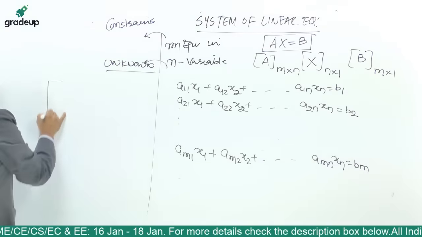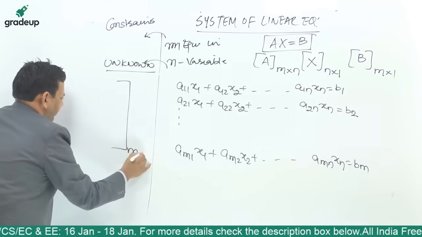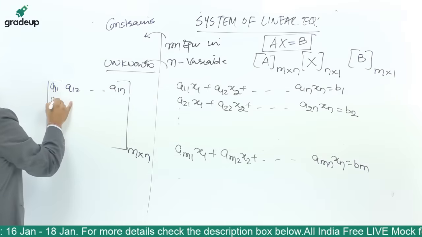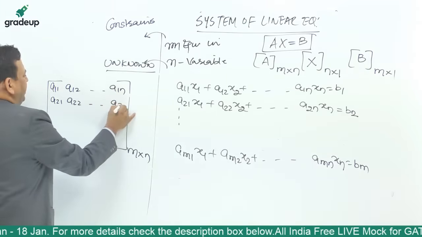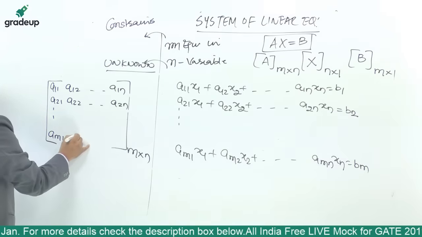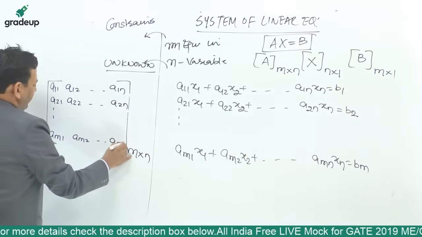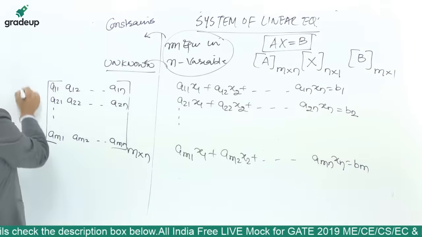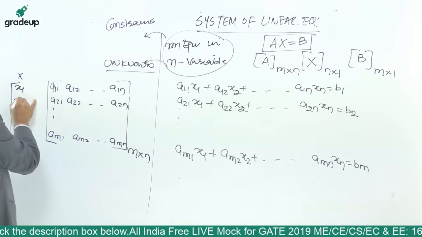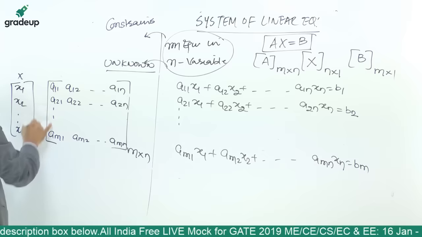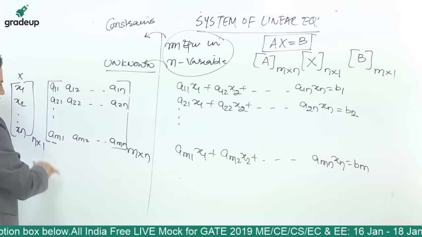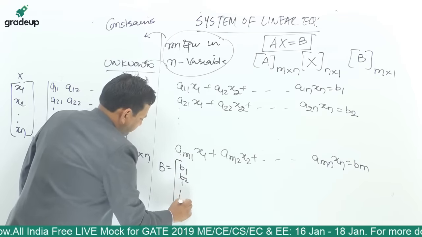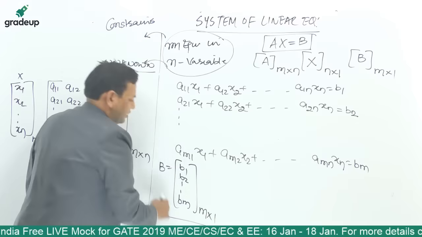Generally we will say, what is A? A is an m cross n matrix where A is A11, A12, A1n, A21, A22, A2n, Am1, Am2, Amn. So we can say m equations in n variables. Now what is x? x is nothing but x1, x2, xn. This is an n cross 1 matrix, and B is nothing but B1, B2, Bm. This is m cross 1.